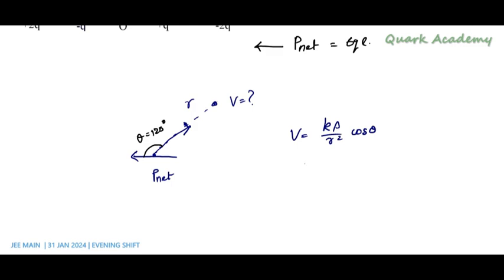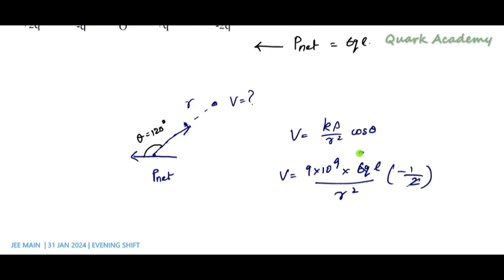So let's substitute everything. V equals K, where K is 9 into 10 power 9. P is given as 6QL, divided by R squared, cos 120 degrees. Cos 120 degrees is negative 1 by 2.